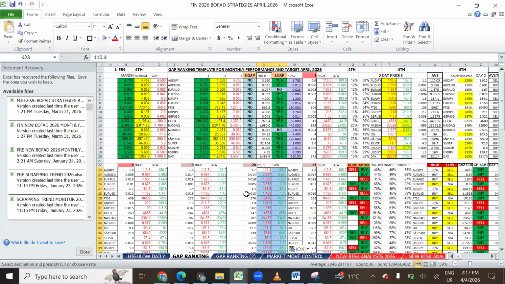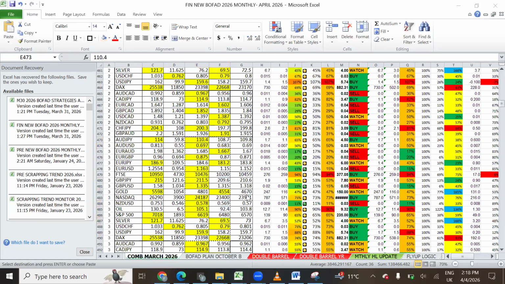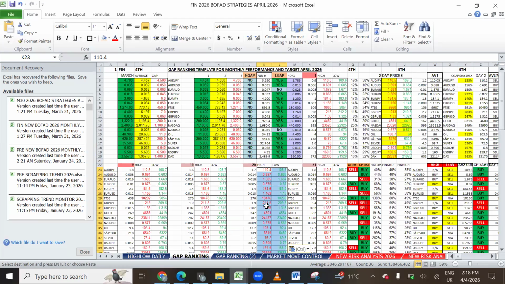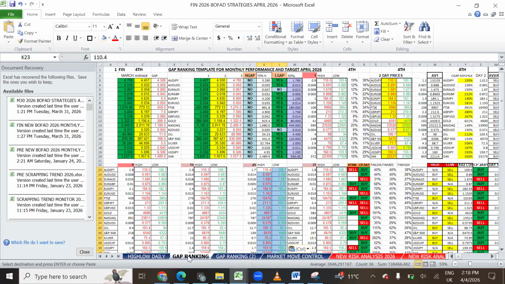I think what happened is this report currently started at 4.7, and I think that we had almost 5 point something in March.